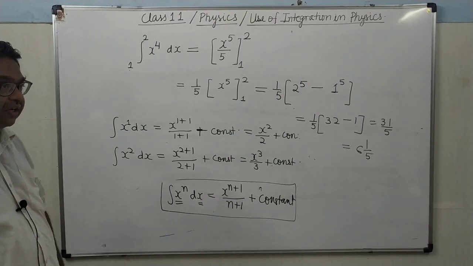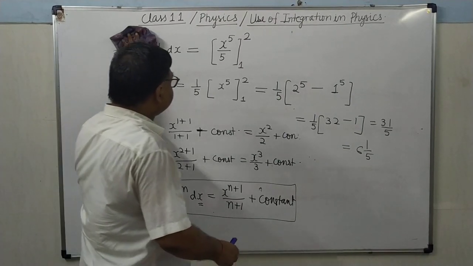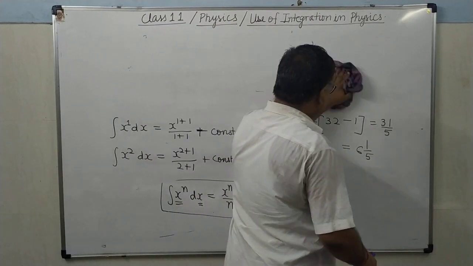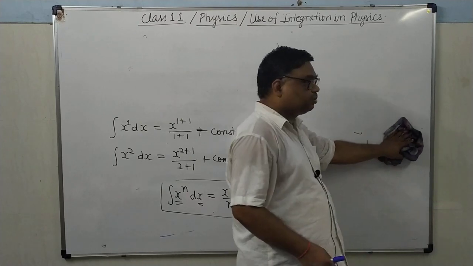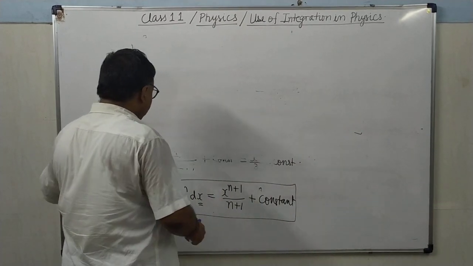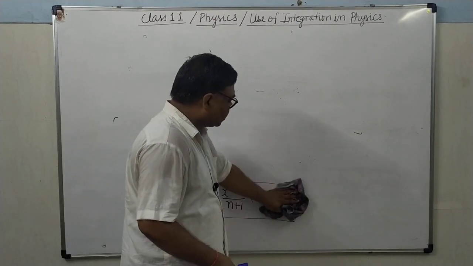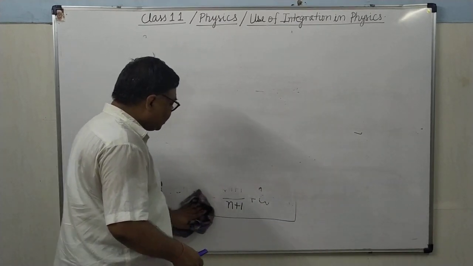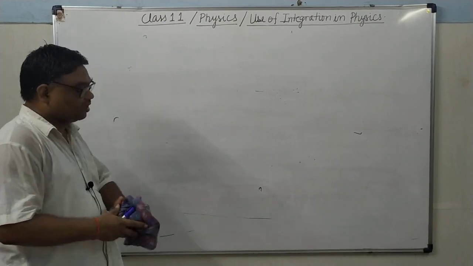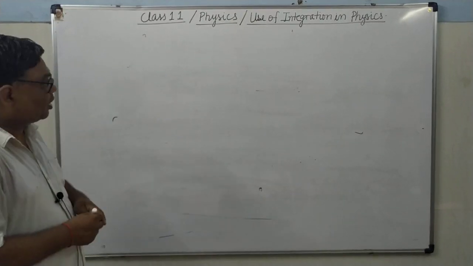Differentiation means splitting. Here integration means summation. By using integration, we can find the area enclosed by a curve and x-axis. What will be the area enclosed by a curve and x-axis? That can be found by using integration. That you can see here. It's clear.